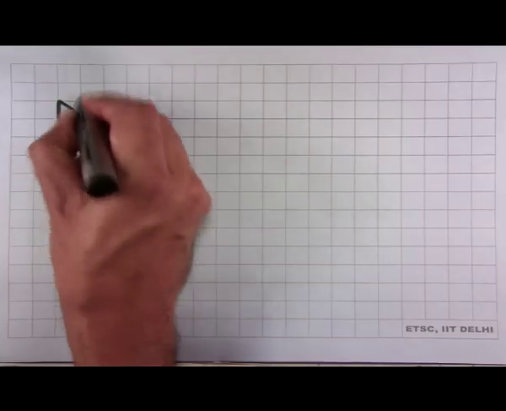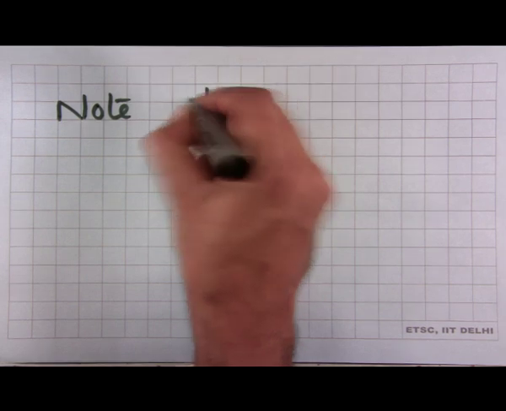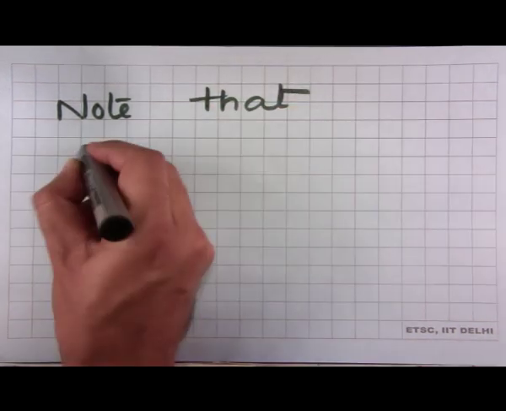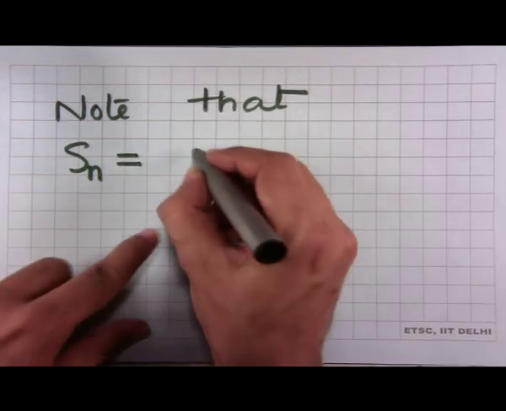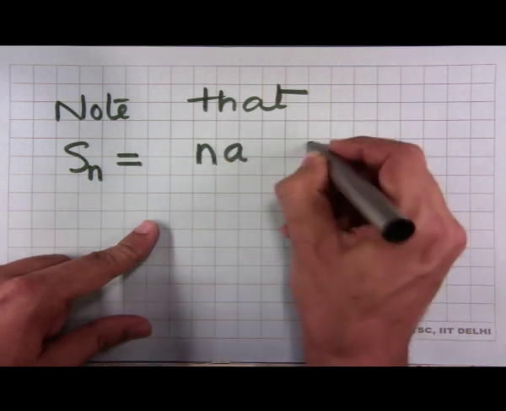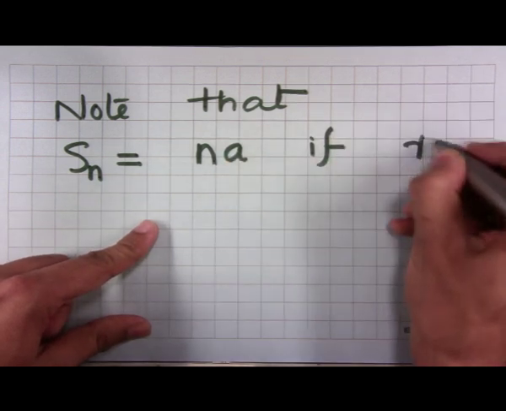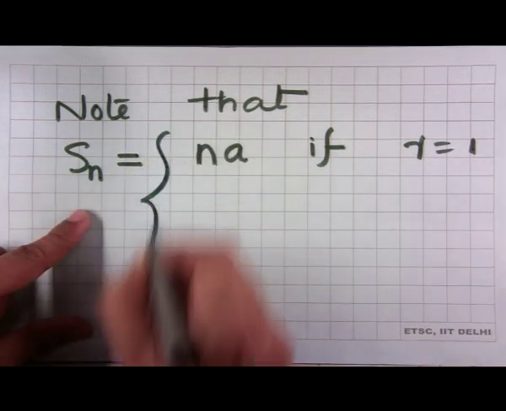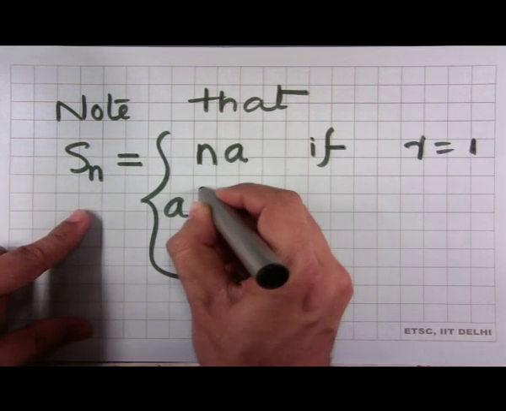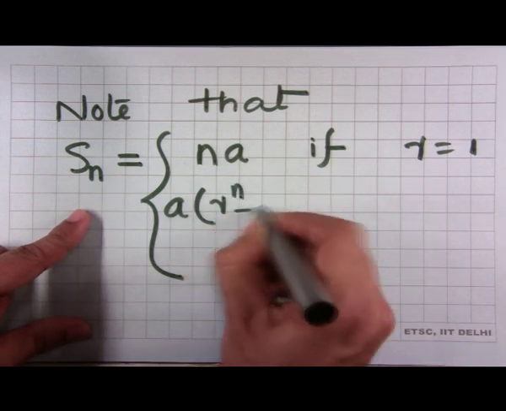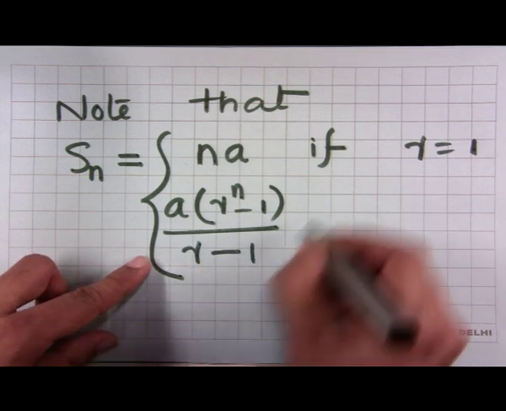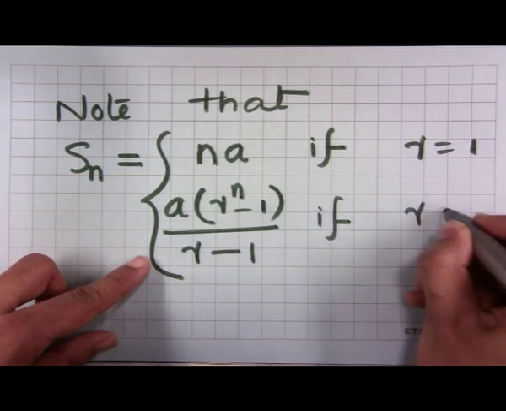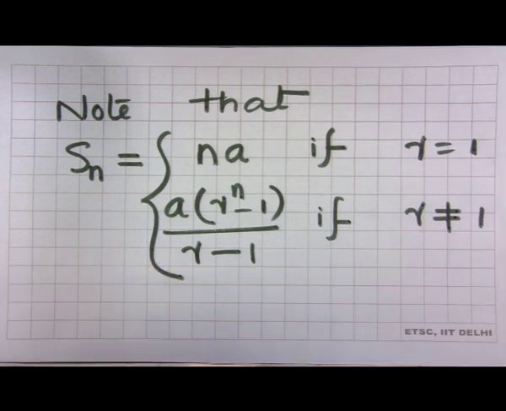Note that S_n, the sequence of partial sums, is na if r equal to 1, and a(r^n minus 1)/(r minus 1) if r is not equal to 1.